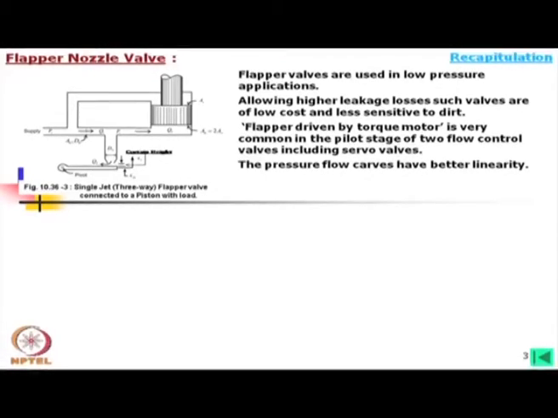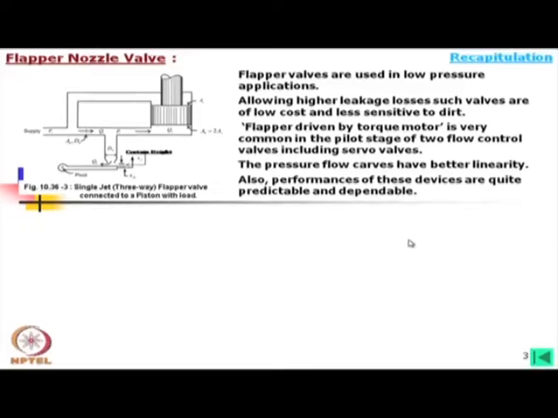Although there are more losses, we get better linearity. So, control becomes easier. Also, the performance of these devices is quite predictable and dependable. That means where we do not need very quick response, we can allow such losses. Then for low cost applications, this is better than a 4-way spool valve.